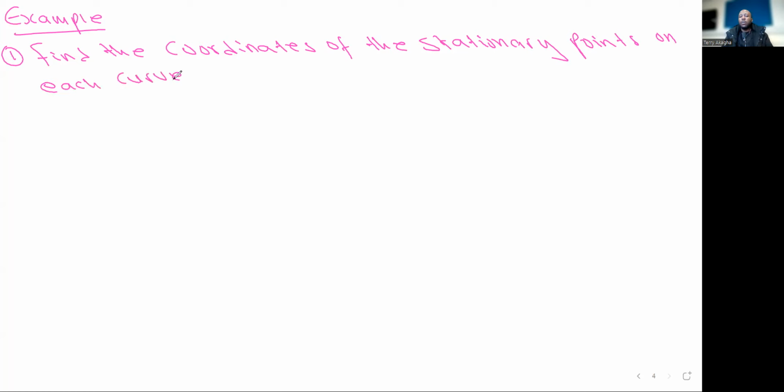Let's start with the first one. We have y is equal to 2x squared minus 8x plus 1, and you're told to find the coordinates of the stationary point for this. Very good. Let's go. Step 1.